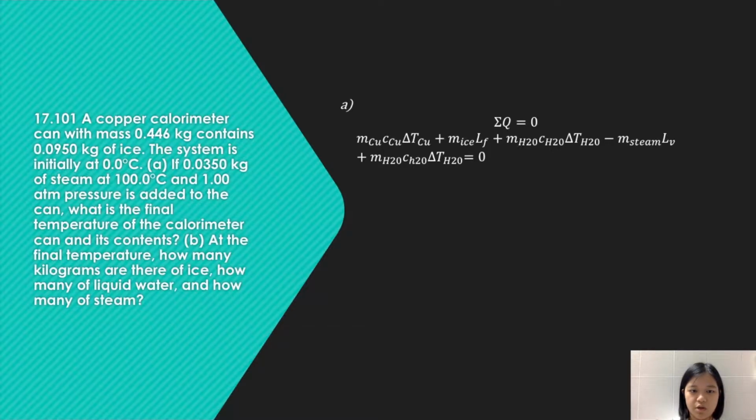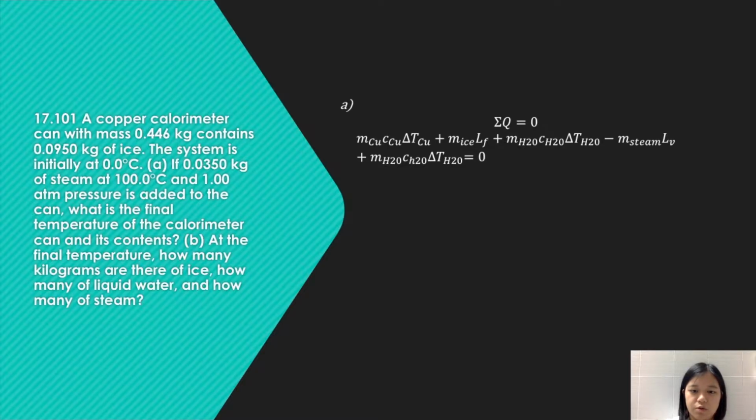So that's the energy of the copper can once it increases in temperature, the latent heat of fusion of ice once it melts, and the change in the energy to change its temperature once it's melted, and the energy of steam once it condenses, it'll be negative since it releases energy, and the change of once it cools down, and they'll all be equal to 0.